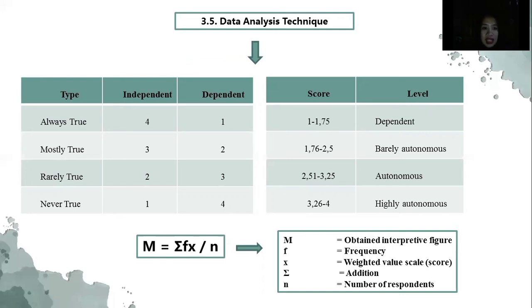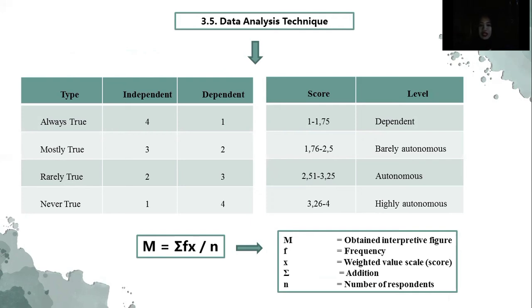And then if mostly true, the score of independent is 3, and dependent 2. If rarely true, the score of independent is 2, and the score of dependent is 3. And then if never true, the score of independent is 1 and the score of dependent is 4.